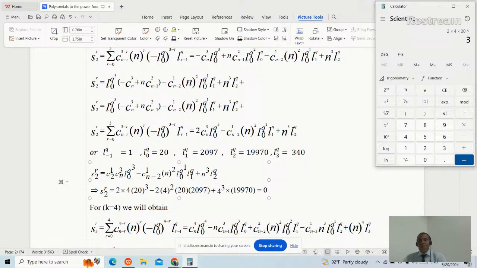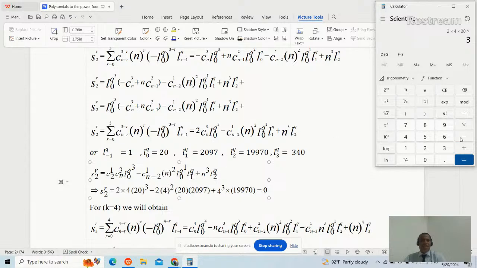Okay, then minus 2 times 4 squared. Okay, minus 2, because this is C1 and minus 2, n is 4. It will be 4 minus 2 is 2, C1 2 means 2 multiplied by n squared, n is 4.